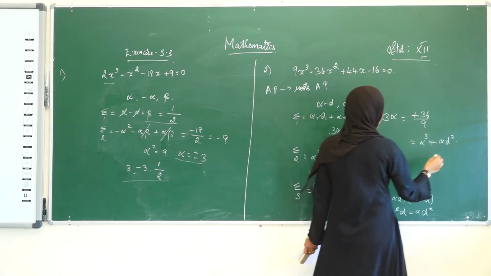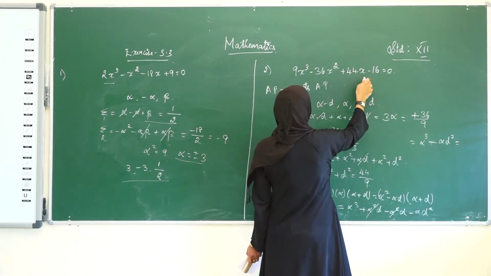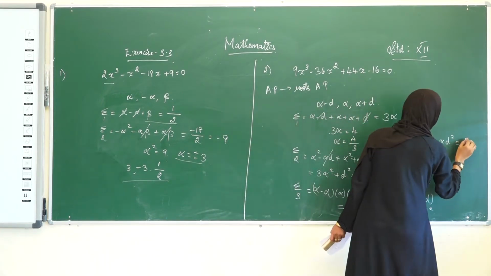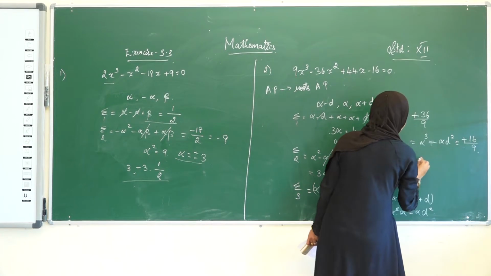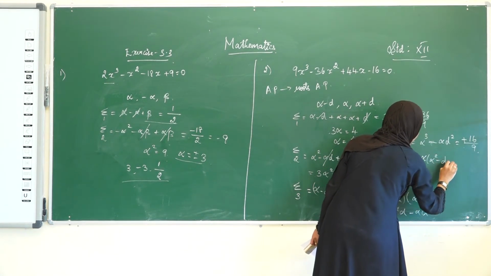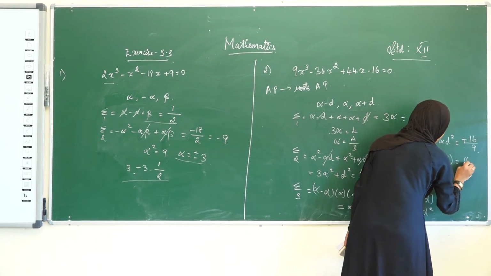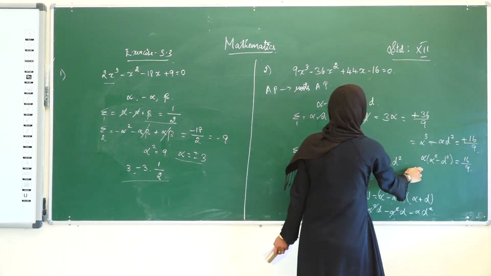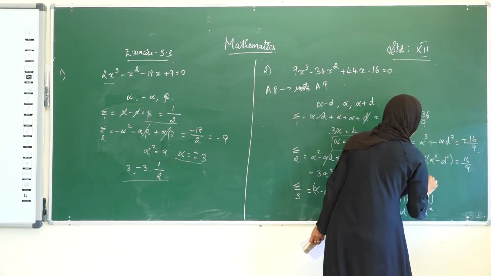Alpha d square. What's the value of this? The value of this is minus of minus 16 by 9, which is plus 16 divided by 9. So we are taking alpha out: alpha into alpha square minus d square is equal to 16 by 9. We know the value of alpha, which is 4 divided by 3.